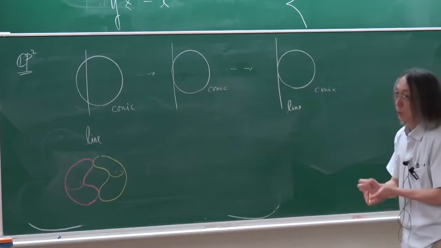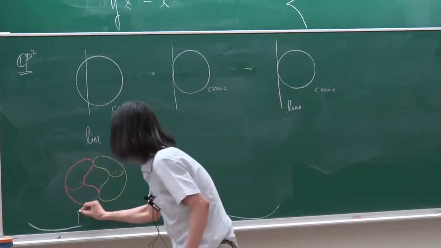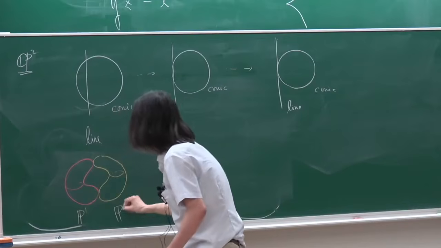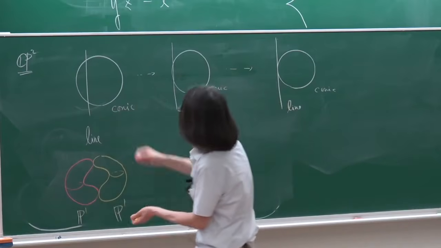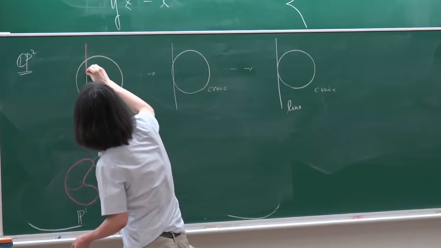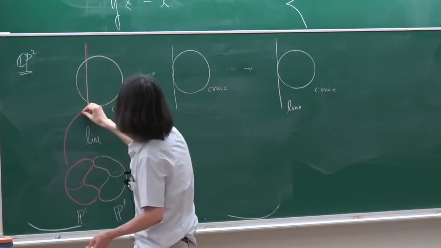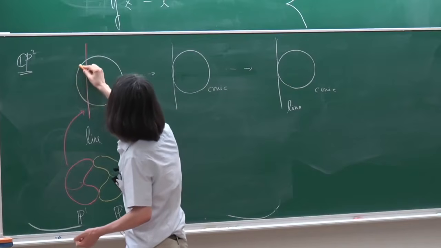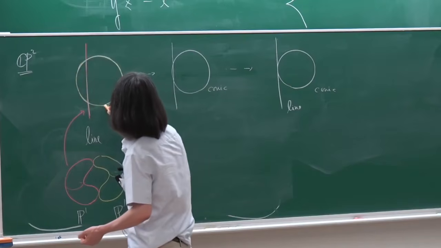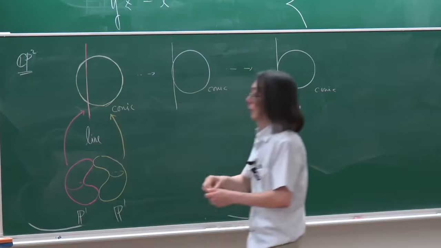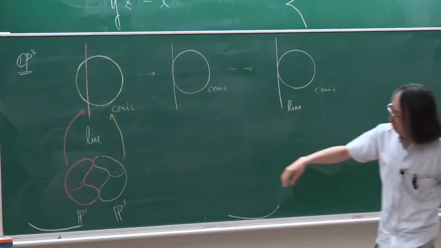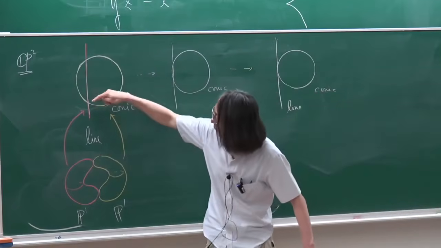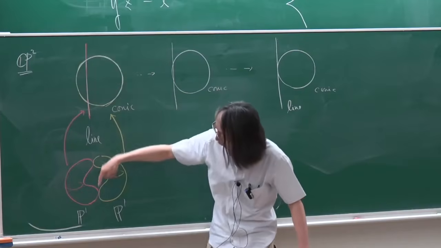I have two P1s, so both are P1s. The red one is mapped to this red one, and the yellow one is mapped to this one. Then they meet at 2 points, and so here I have 2 marked points.